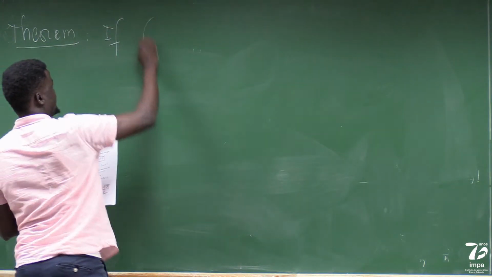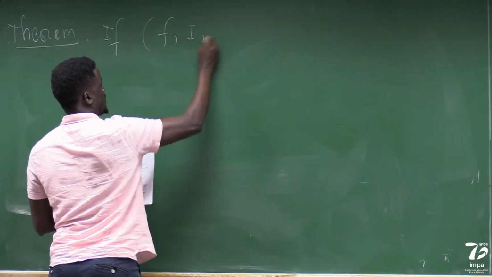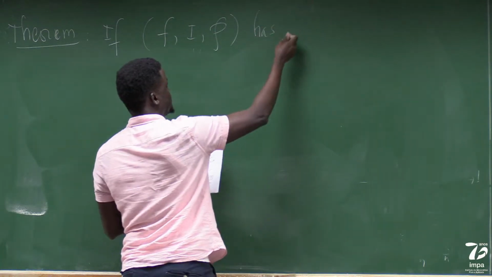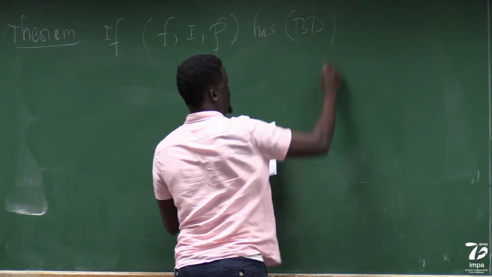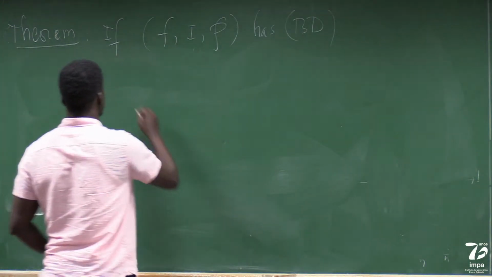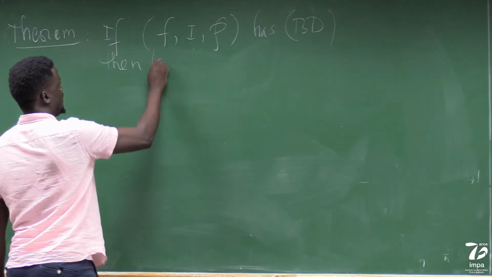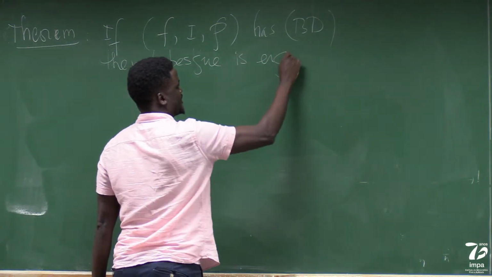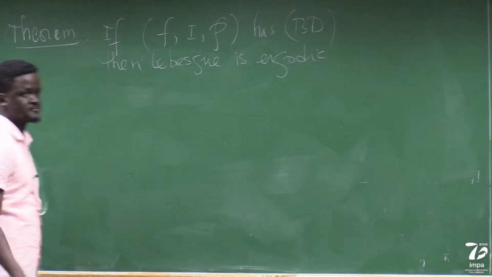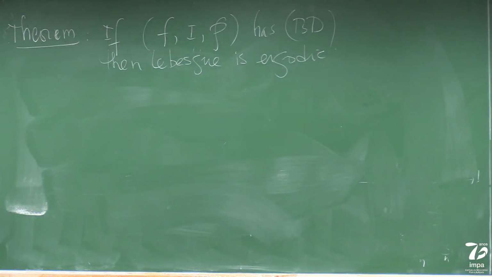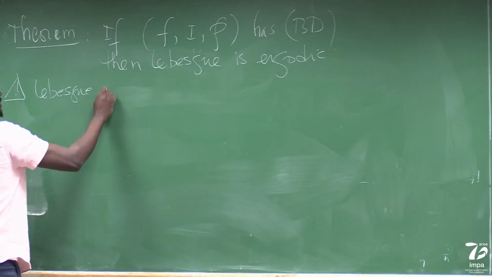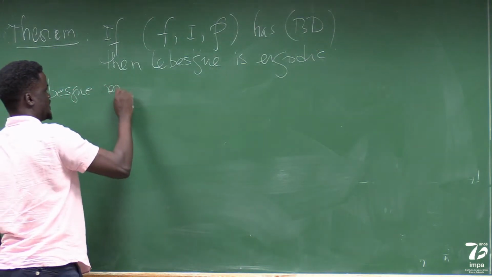If P has bounded distortion, then Lebesgue is ergodic. There is a warning here that Lebesgue is not necessarily invariant, okay? Lebesgue may not be invariant, okay?